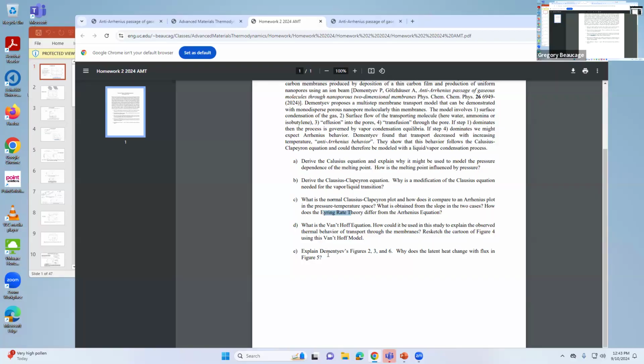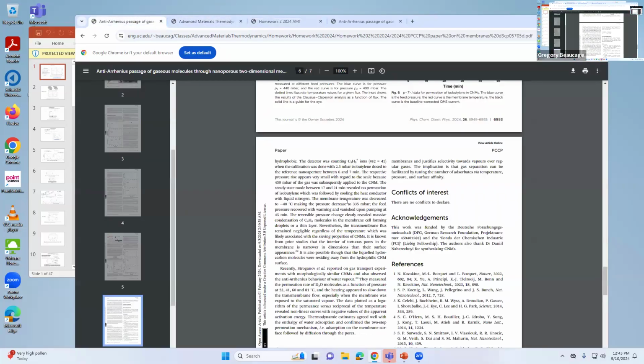But anyway, then explain 2, 3, and 6. He does that in the paper. I think everyone got that. But then the latent heat change with flux. I said that in class, and some people said what I said.